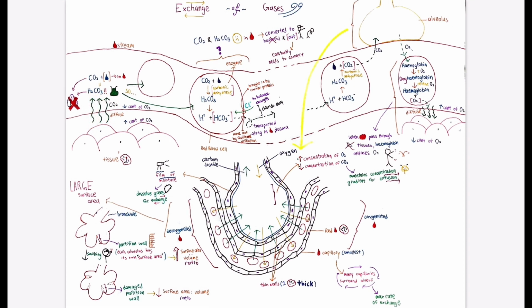However, carbon dioxide cannot exist as is in blood due to its acidic nature. Therefore, it gets converted to bicarbonate ions by means of an enzymatic pathway, which then get transported along in plasma. This process occurs within red blood cells as well, with a chloride shift occurring to ensure the maintenance of charge in both the cell and in the blood.